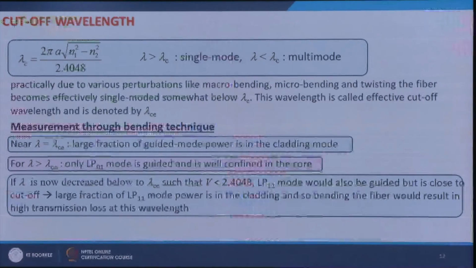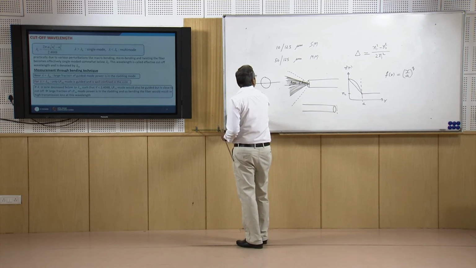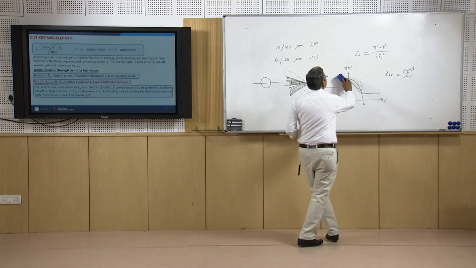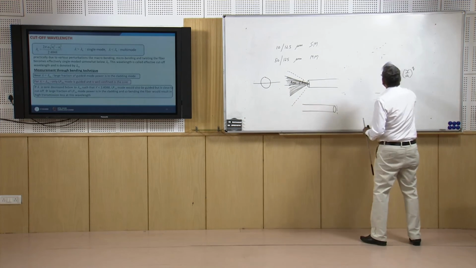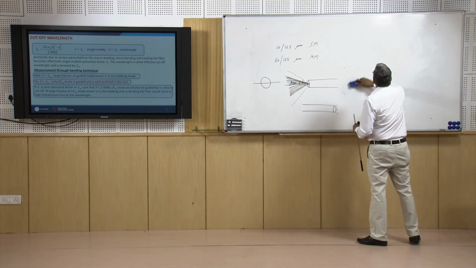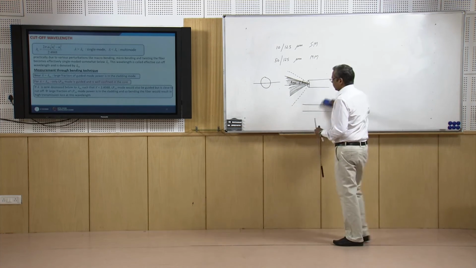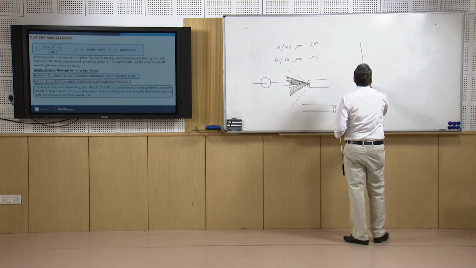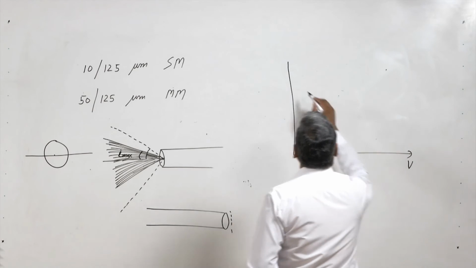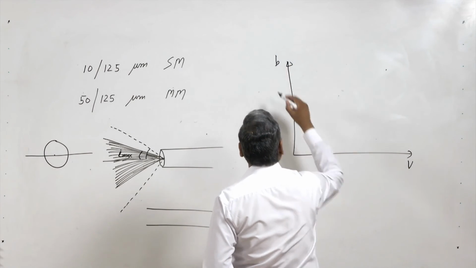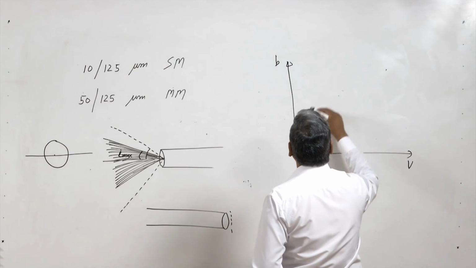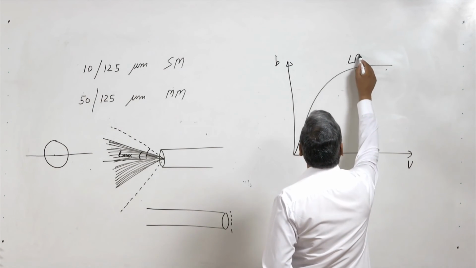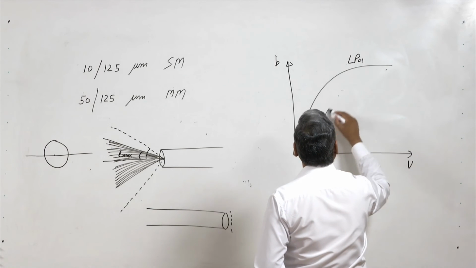If you remember, if you look at the b-V curves of a step index fiber, this is V, this is b, this is the LP01 mode, and this is the LP11 mode.